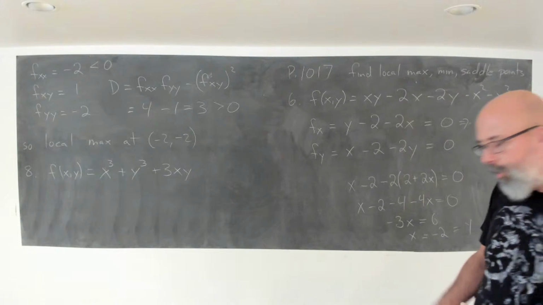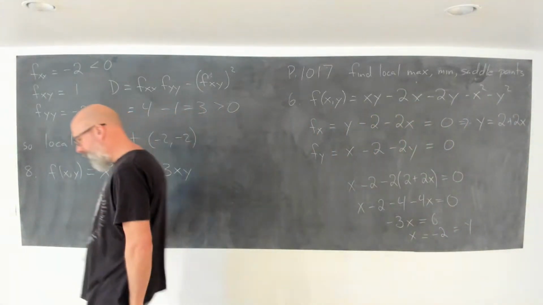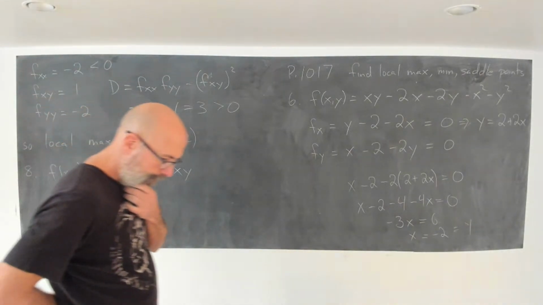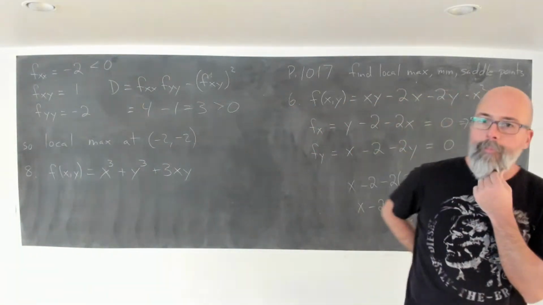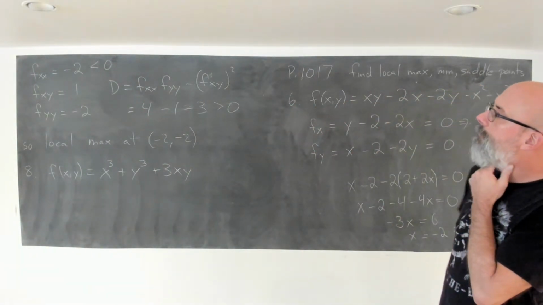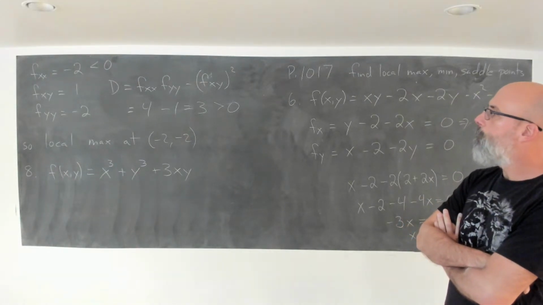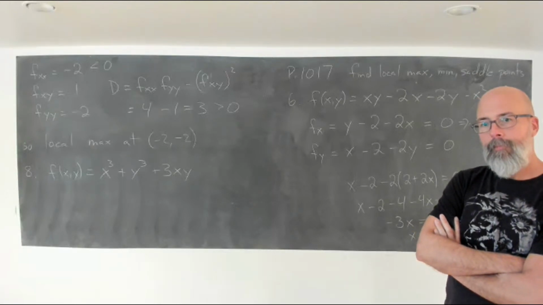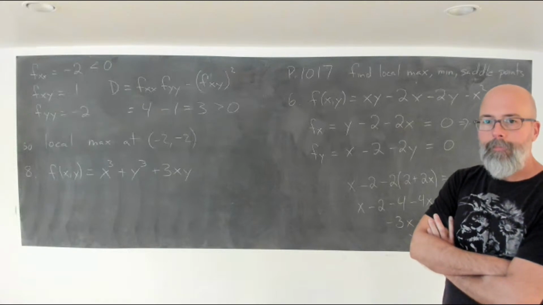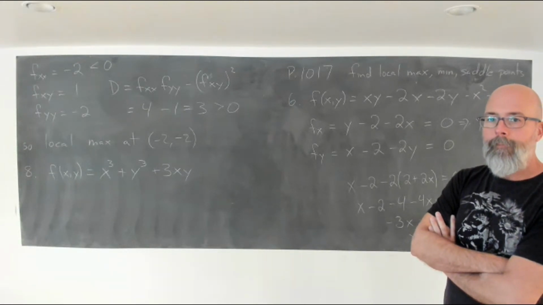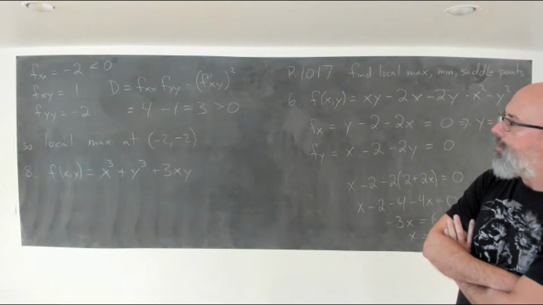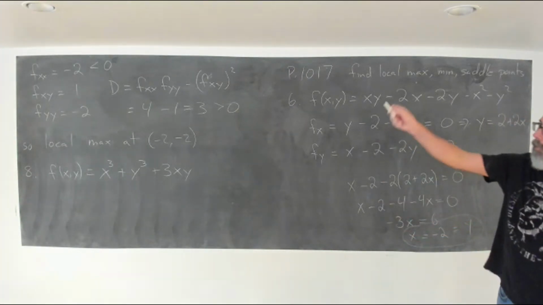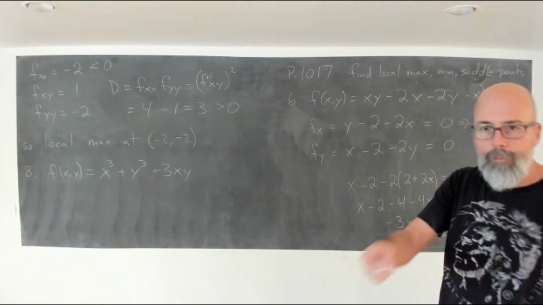So you could have done a test based on fyy as well. The local max is at the point we found, not at fxx, fyy. It's purely coincidental here.